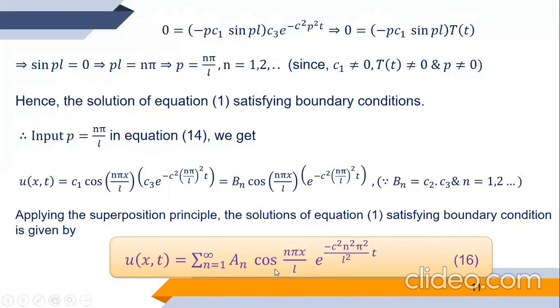So An cos n pi by L into x e raised to minus c square n square pi square by L square into t. So again, I repeat, for the k less than 0 case, the solution form is equation number 16, which satisfies both boundary conditions.